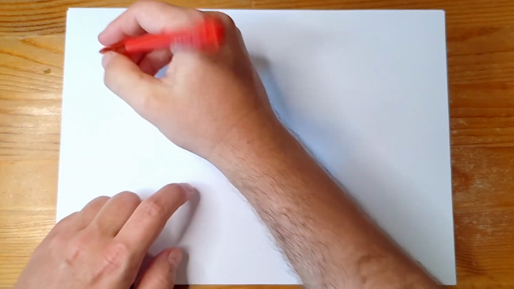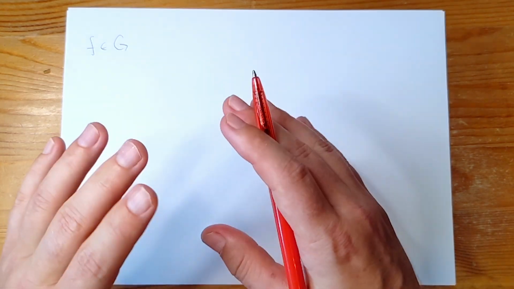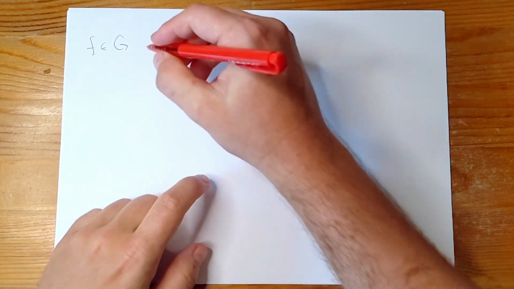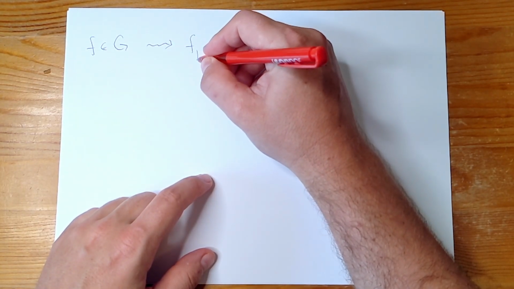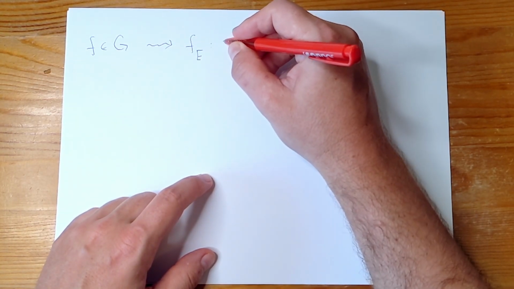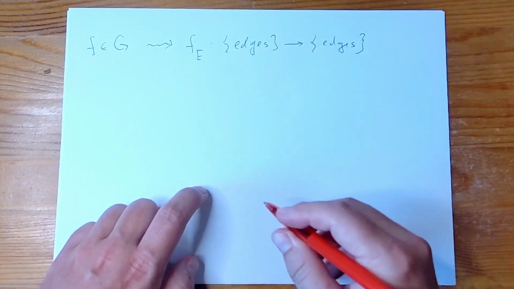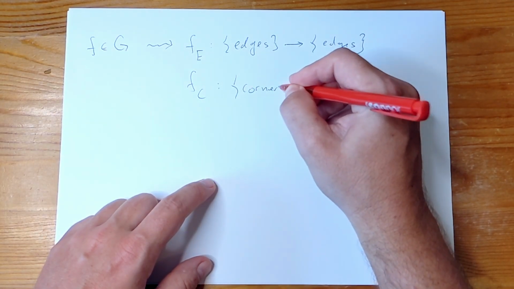So let's write this down for a moment. If I have an element of G, and remember G is the set of all sequences of moves on Rubik's cube, then I have two permutations. Let's call it Fe. It's a permutation of the edges and also a permutation of the corners.